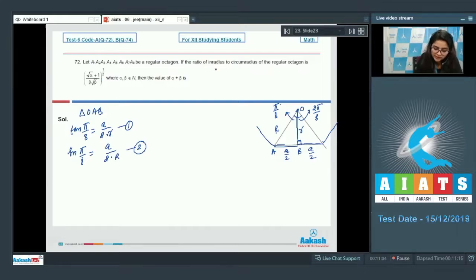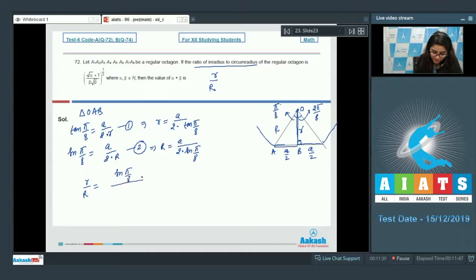We have to calculate the ratio of inradius to circumradius, so small r divided by capital R. From here you can see small r is equal to A upon 2 tan pi by 8, and capital R is equal to A by 2 into sin pi by 8. Just divide both the parts. So r upon capital R is equal to sin pi by 8 divided by sin pi by 8 into cos pi by 8. So you are getting finally cos pi by 8.